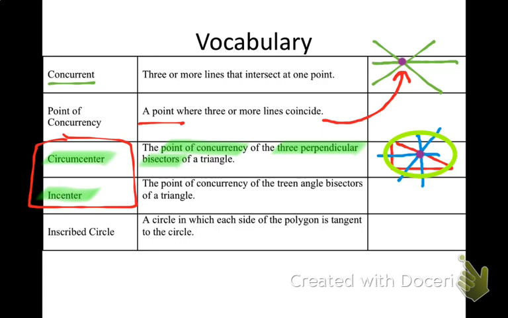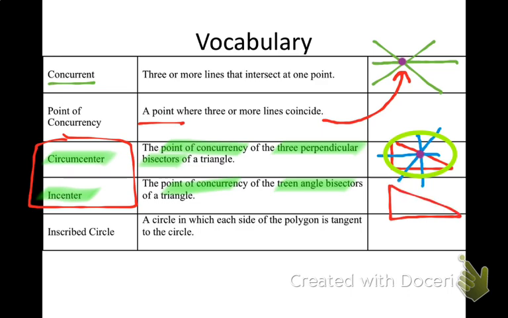The other one is the incenter. The incenter is the point of concurrency of the three angle bisectors. Now, what that means is, I'm going to show you a triangle again, a very similar triangle.